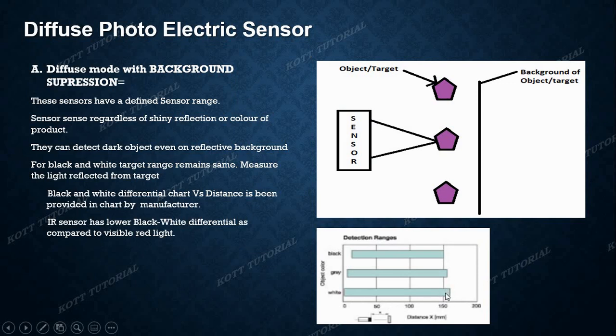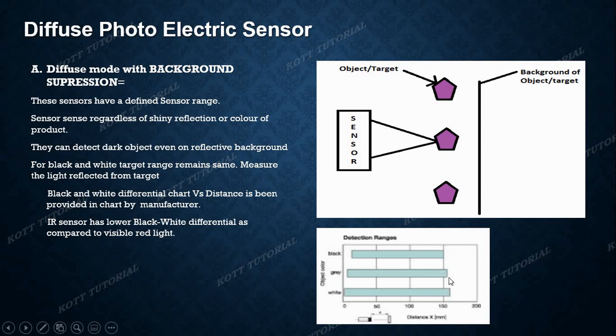If I have a multicolor product, meaning a black color product, a white color product, and a gray color product, and it is passing at a distance of 160 mm, for white color it will detect. For gray color it may toggle. It may or may not detect at this range. And for black color it will not detect. So the problem here is, for gray color it may or may not detect.